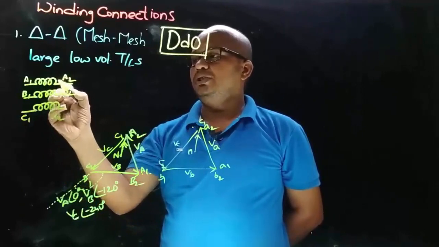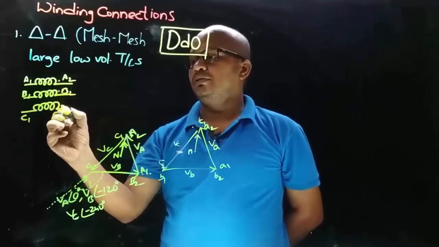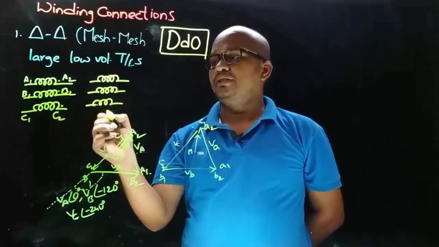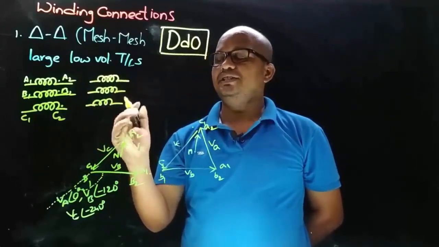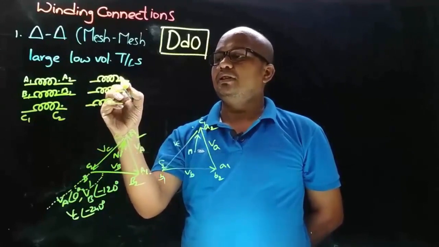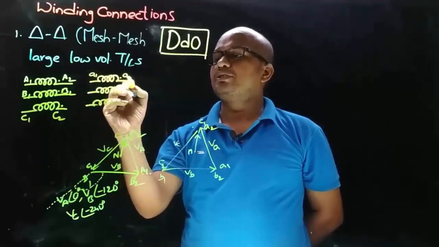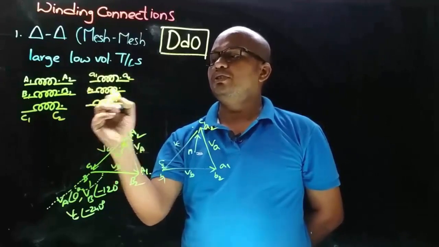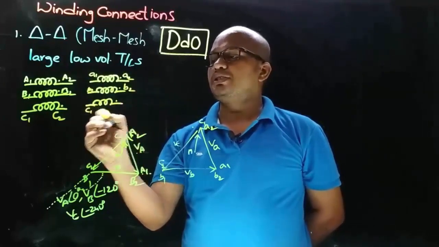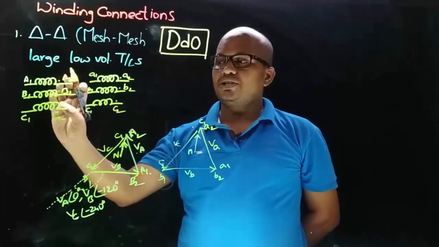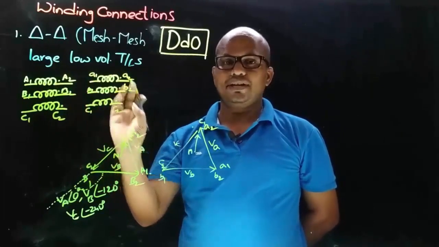And we took the dot ends here, and let this be the secondary side windings, that is LV side windings. Okay, and these are the dot end terminals. So this will be small a1, small a2, small b1, small b2, small c1 and small c2. So now let's obtain the delta connection on primary side and delta connection on secondary side.